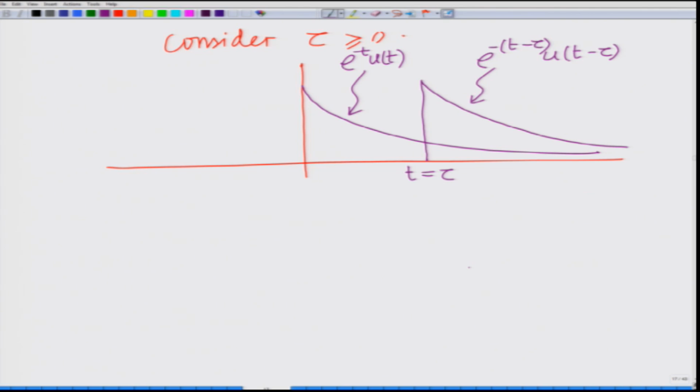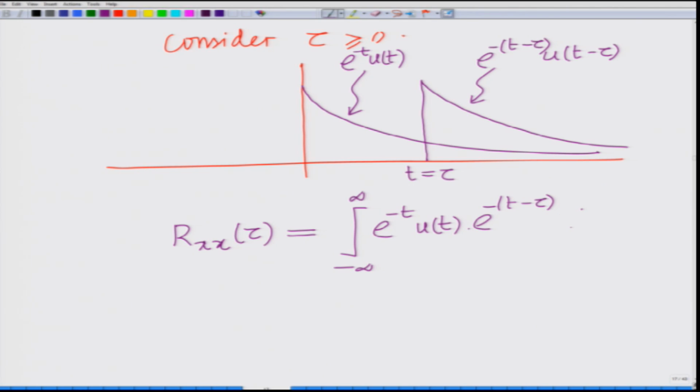And now, R_xx of tau is the integral from minus infinity to infinity of e to the power of minus a t u(t) times e to the power of minus a (t minus tau) u(t minus tau) dt.